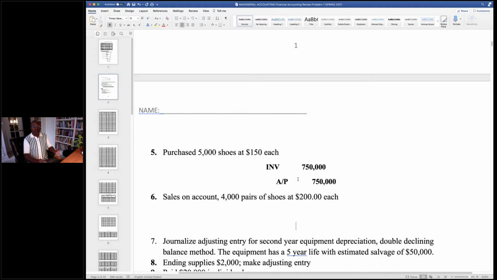So what are we going to do here? You're going to debit cash and credit sales for 800,000. It says sales on account. What kind of transaction is this? Type 15, right? So how much are we getting? 4,000 times 200, is that 800,000?